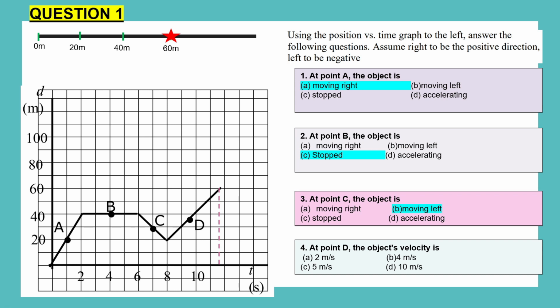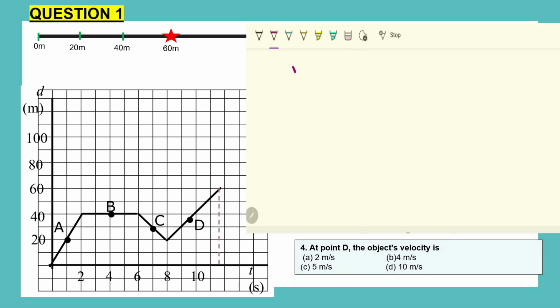Now look at point D. I'm going to find the gradient of this line. I want to take this one as 12. There is an error here: extend this line until 12, because otherwise there will be no answer at point D. We want to find the velocity at point D, written as VD. The gradient along the line is y2 minus y1 over x2 minus x1.